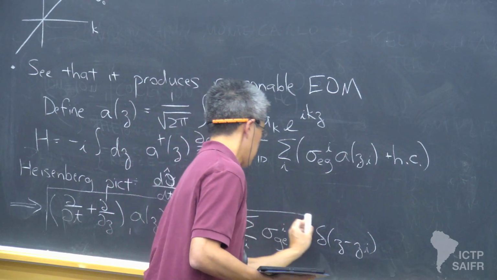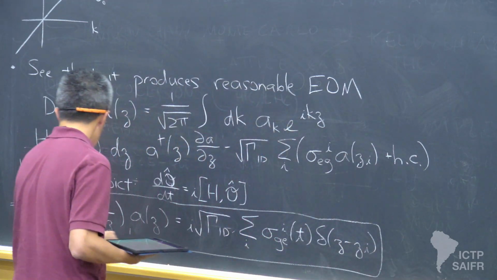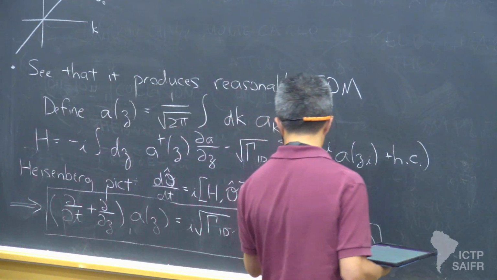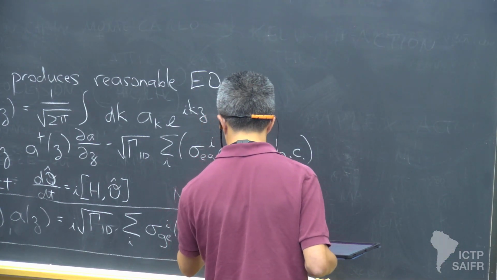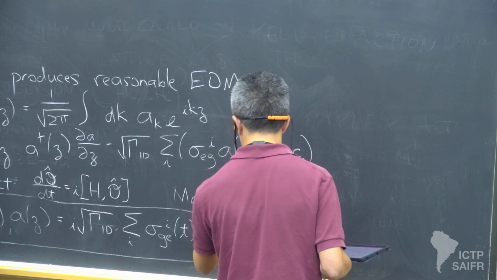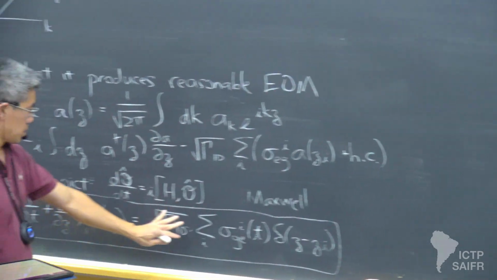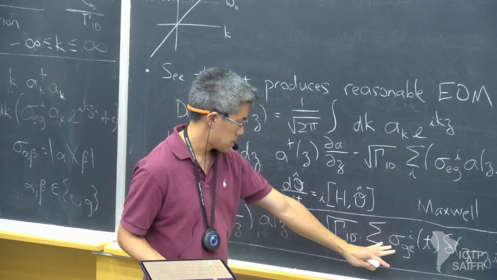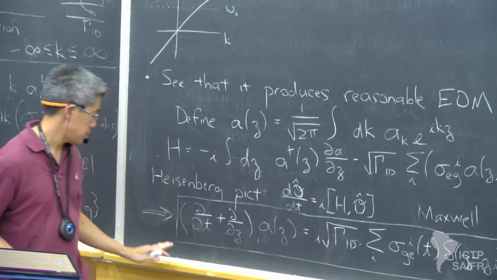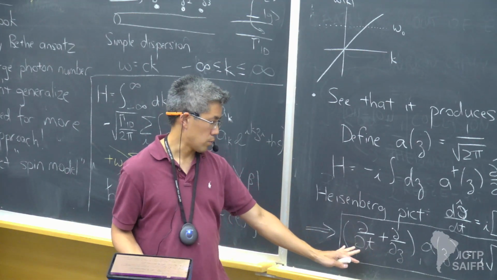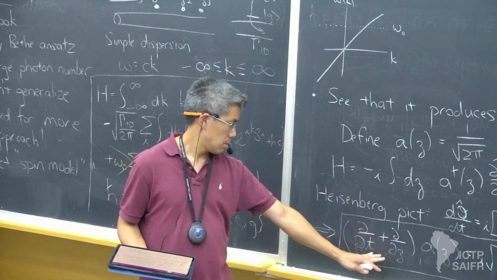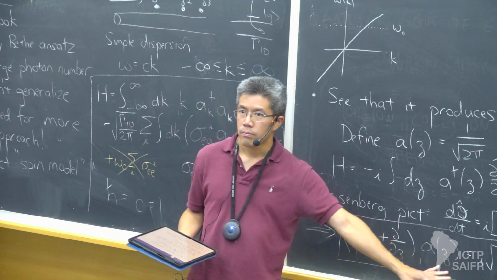So this is something like a one-dimensional version of a Maxwell equation. If we didn't have any atoms, then the right side would be 0. So we just get a normal free wave equation for the field: del t plus del z of A is 0.